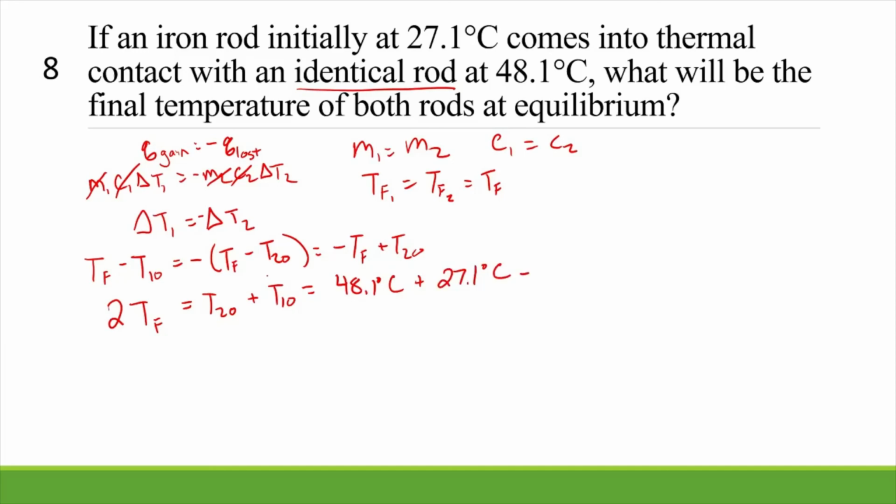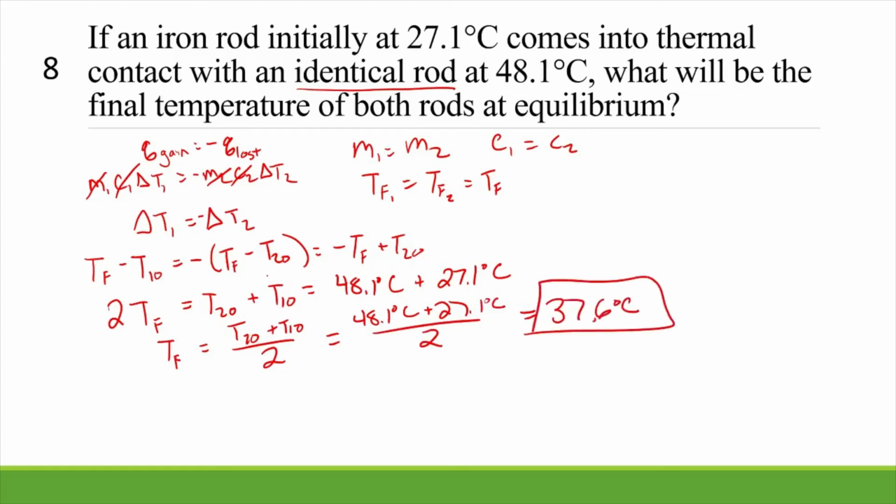Then divide both sides by 2, and that gives us T final. So T final equals T2 initial plus T1 initial over 2, which is 48.1 degrees Celsius plus 27.1 over 2. And so this is 37.6 degrees Celsius. So it ended up being an average of the two temperatures.